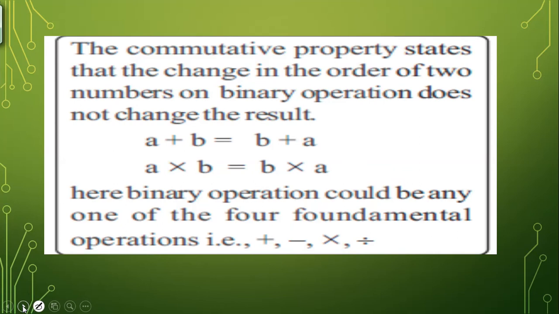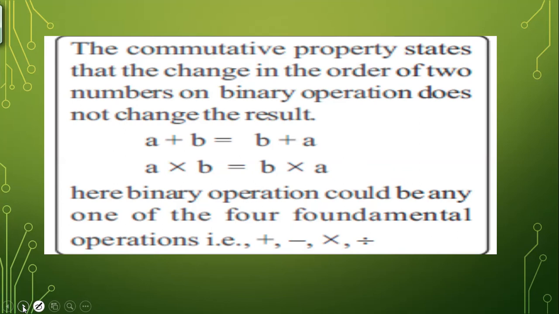The commutative property states that the change in the order of two numbers in a binary operation does not change the result. For example, a plus b is equal to b plus a, a into b is equal to b into a. Then we can say it satisfies the commutative property.